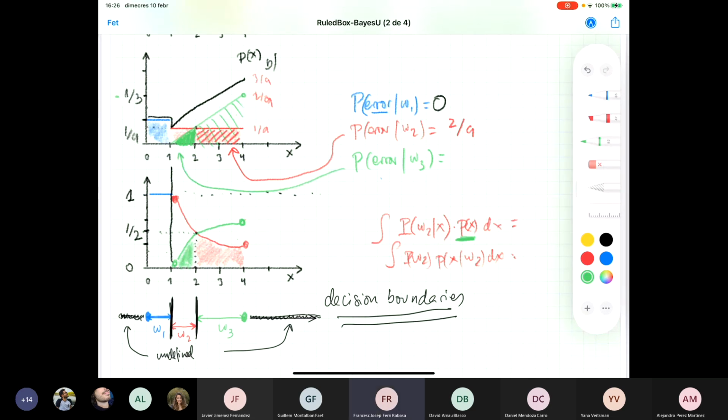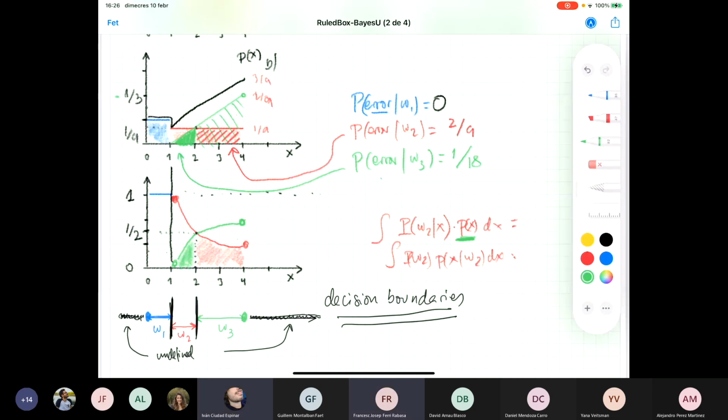And this area is also very easy to compute because it's this. It's okay? Yes.